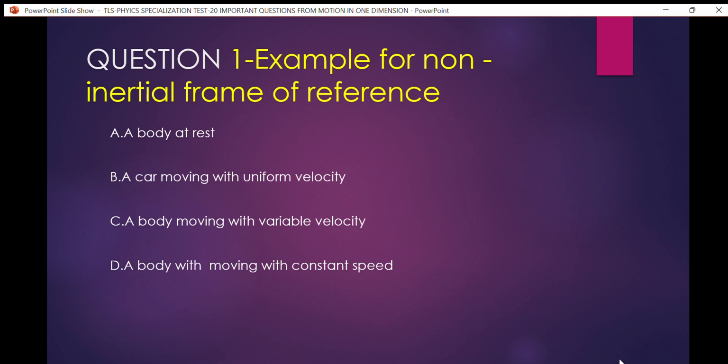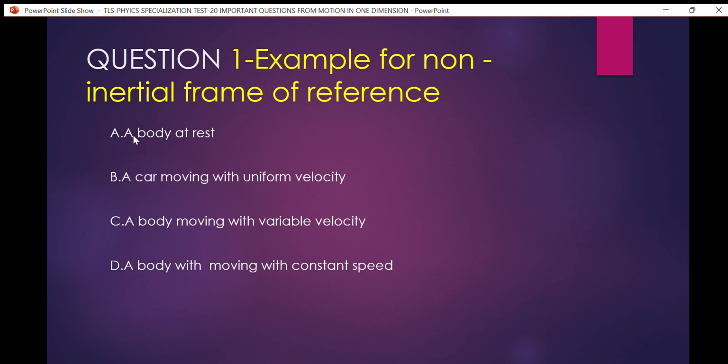And non-inertial frame of reference is an accelerating frame of reference, in which Newton's second law is valid. So here they are asking example for non-inertial frame of reference. That means it should be a rotating frame of reference or accelerating frame of reference. So let us see the options.